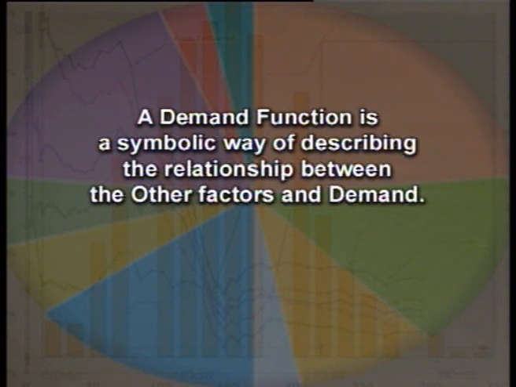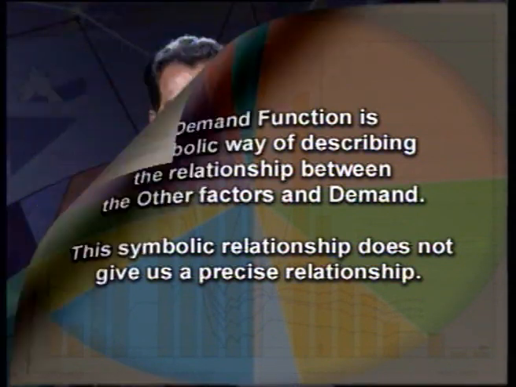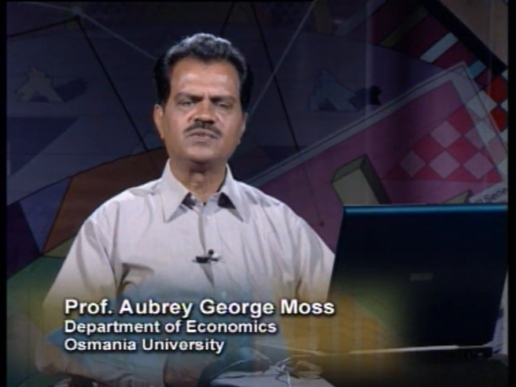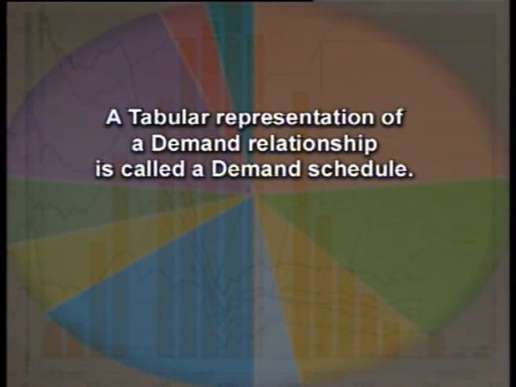A demand function is a symbolic way of describing the relationship between the factors that determine demand and demand. Therefore, this symbolic representation does not give us a precise relationship. In the same manner, we can also depict the relationship between price and quantity by a schedule, by a table. The tabular representation of a demand relationship is called a demand schedule.